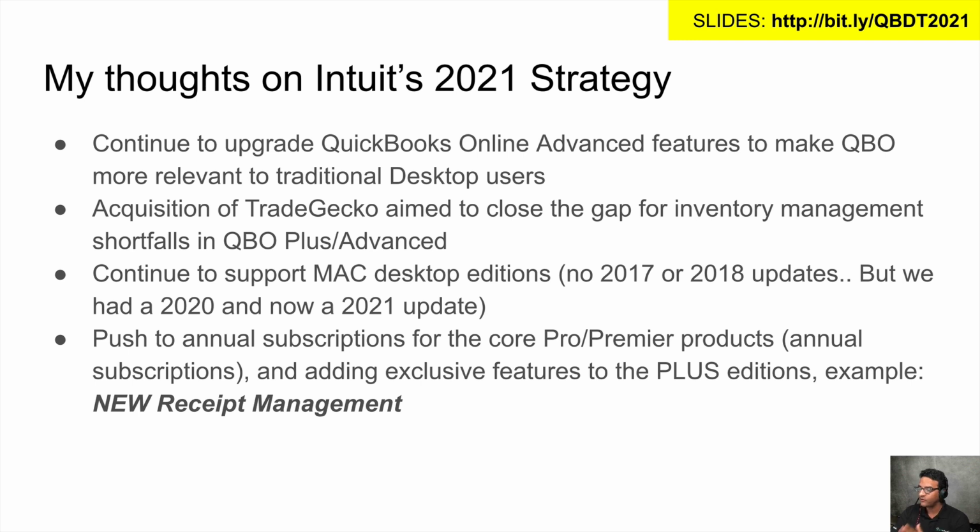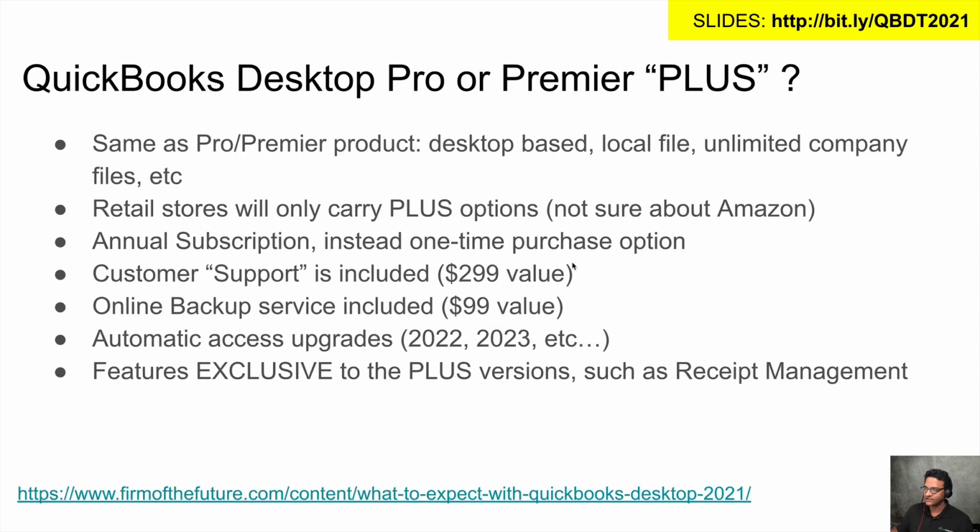So before 2021, whenever you got Pro Plus or Premier Plus, the only thing you got is support and annual updates. Now in 2021, Plus also gives you access to an additional feature. So that's a big shift in strategy.